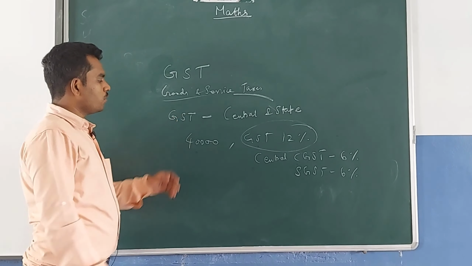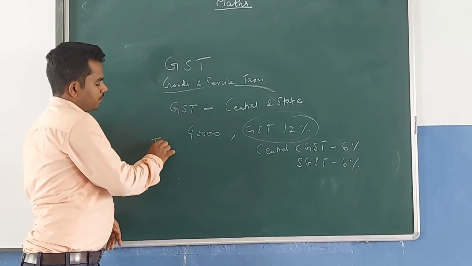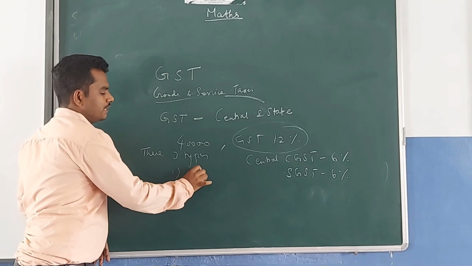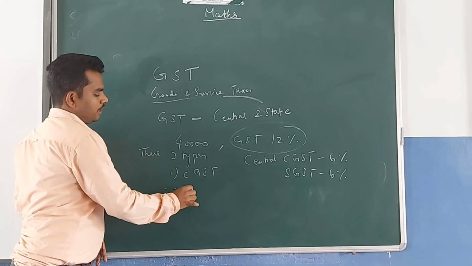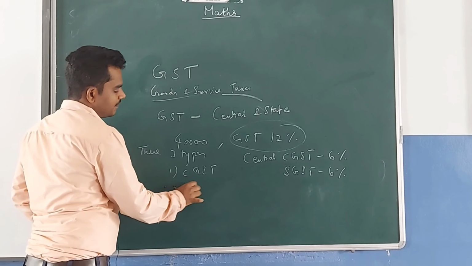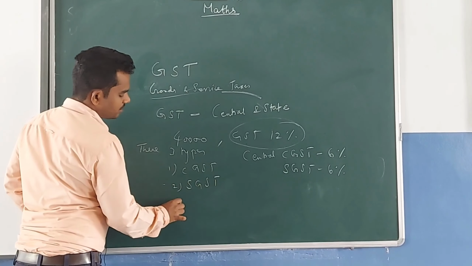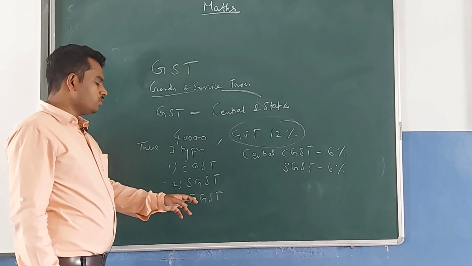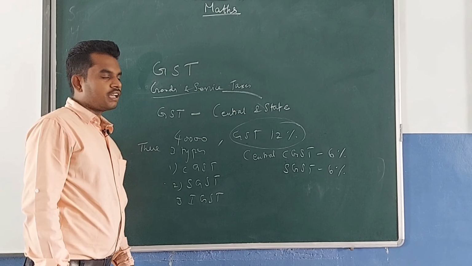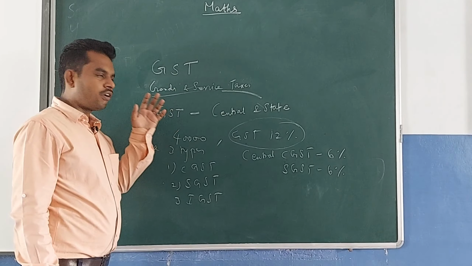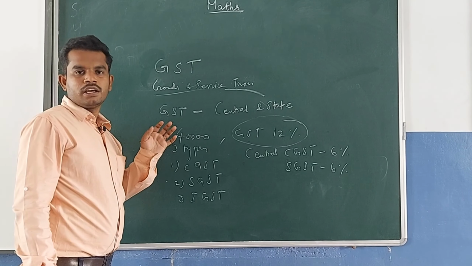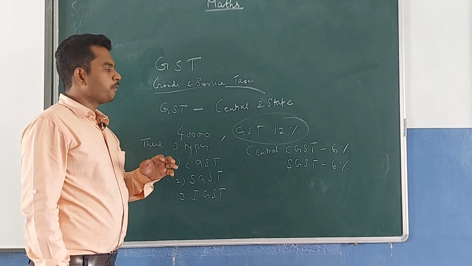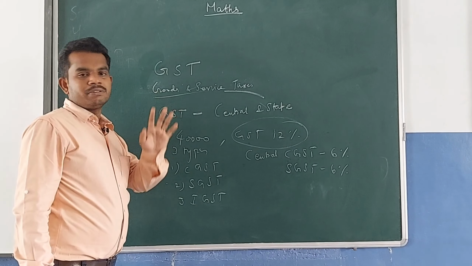Okay, so there are three types of GST. One CGST, second one is SGST, third one is IGST. IGST means integrated goods and service tax. So it is a common tax for all customers or retailers, traders, for domestic consumption.